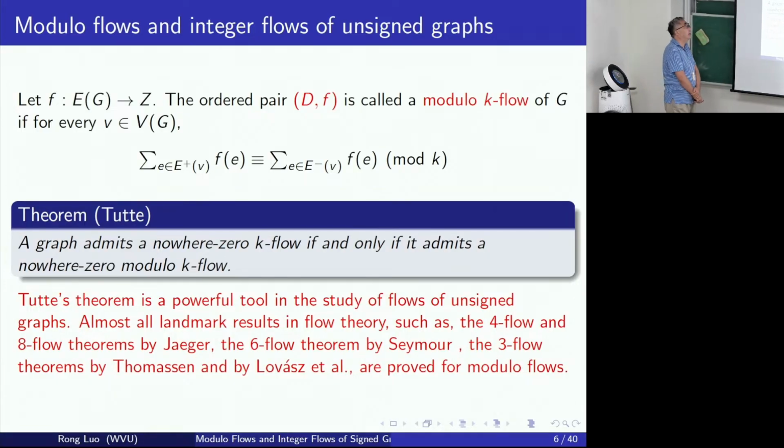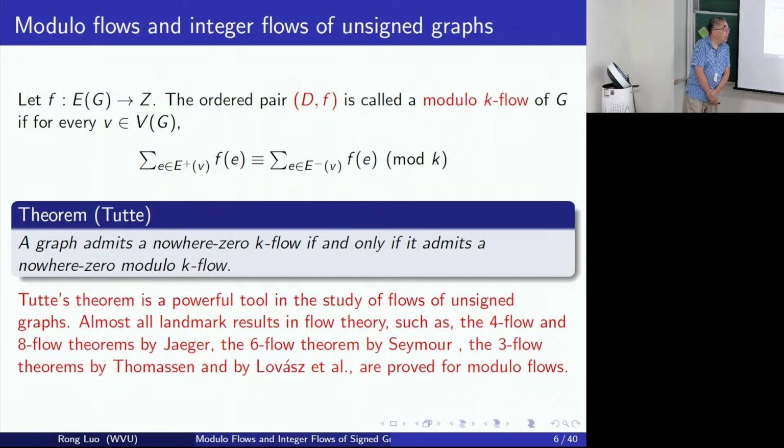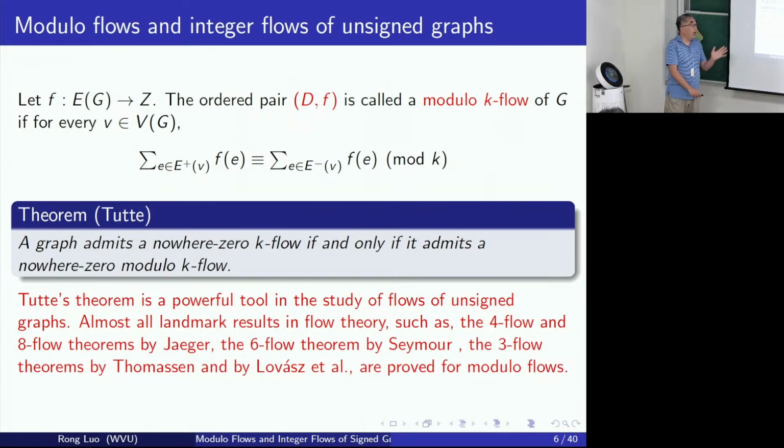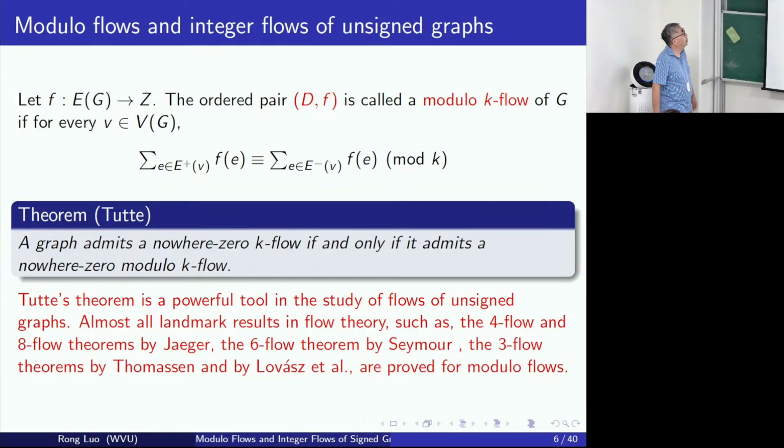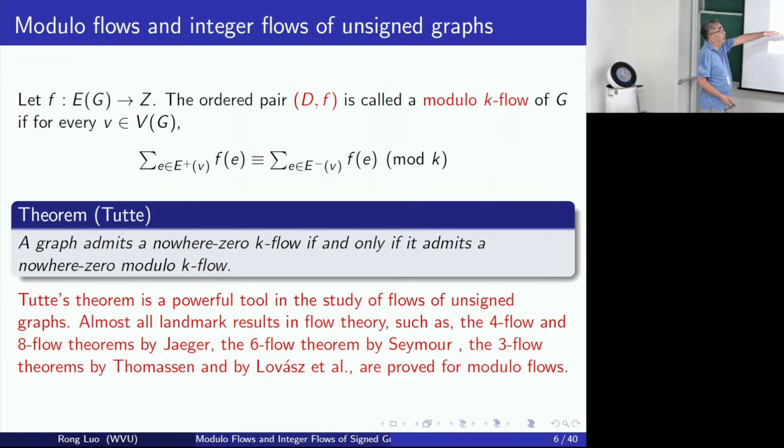Actually, in the area of flows, almost all the landmark results, such as the 4-flow and 8-flow theorem by Bouchet, the 6-flow theorem by Seymour, the 3-flow theorem by Thomassen, are all proved for modular flows, because modular flows and integer flows are equivalent. So they claim integer flows, but it's always proved for modular flows.